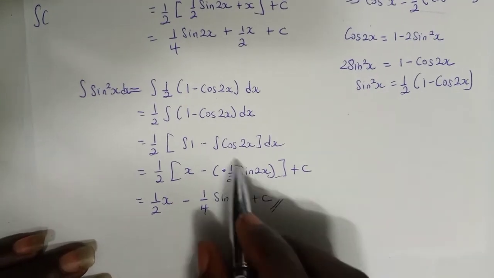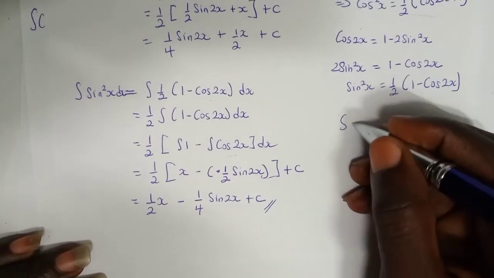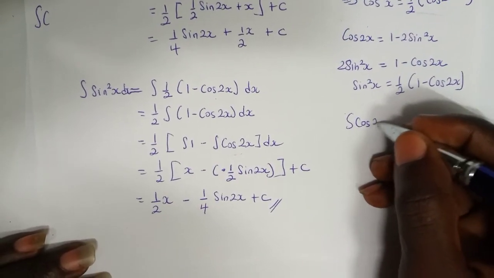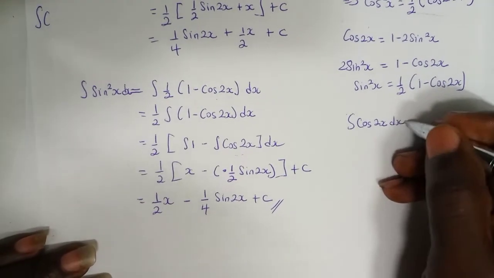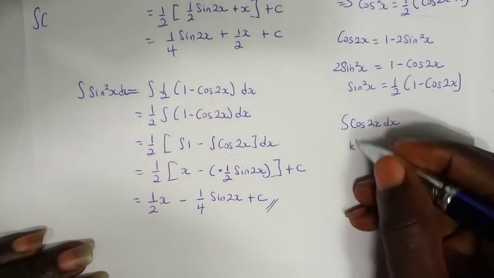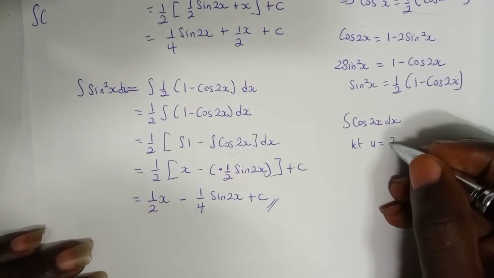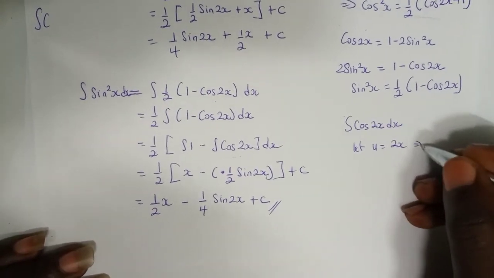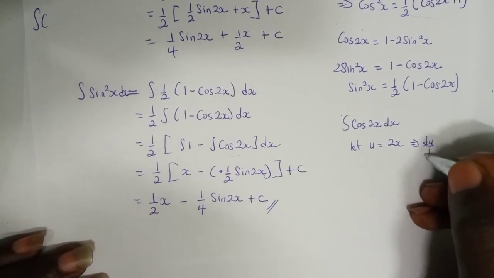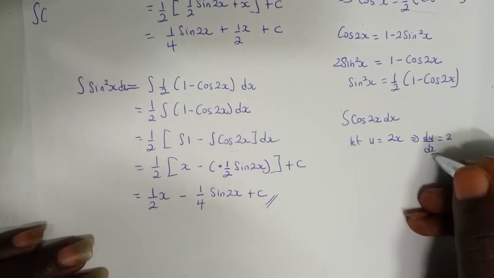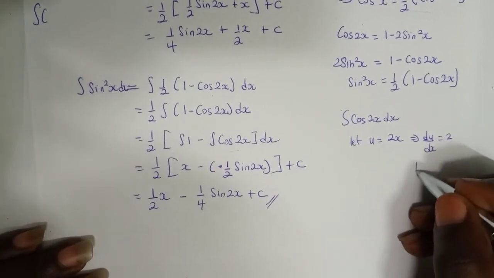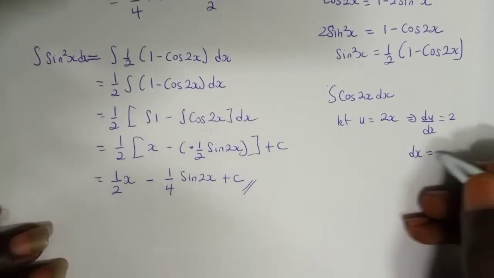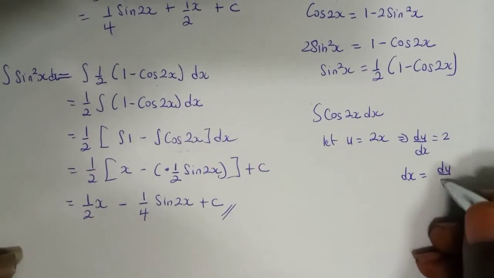So this is our final answer. This integral of cos 2x dx, here you let u equals 2x. So this implies du over dx equals 2. Making dx the subject, we are going to get dx equals du over 2.